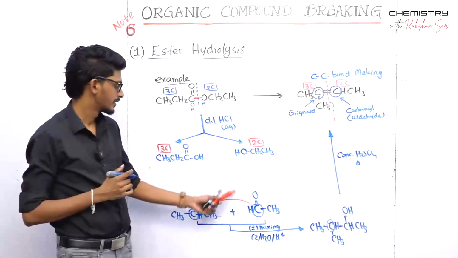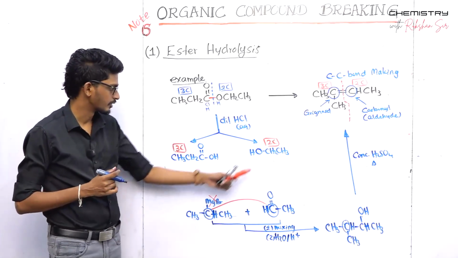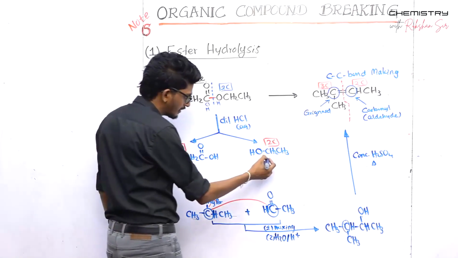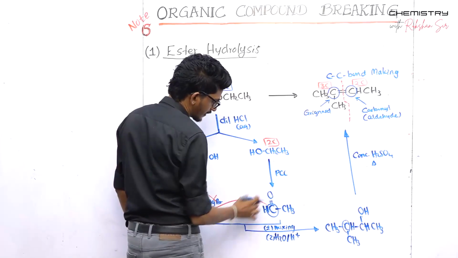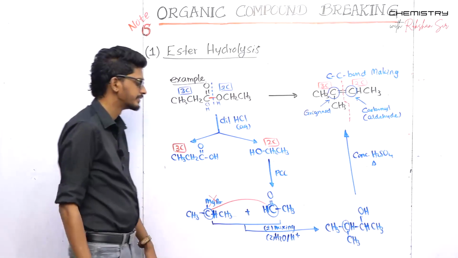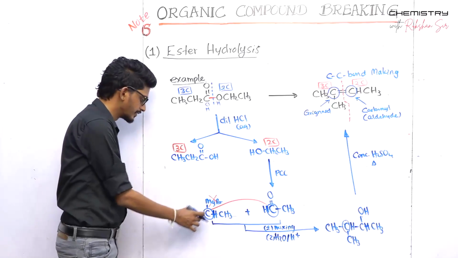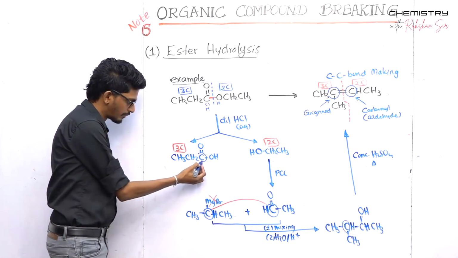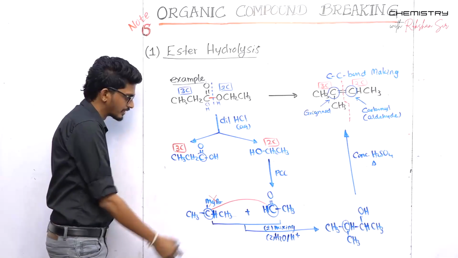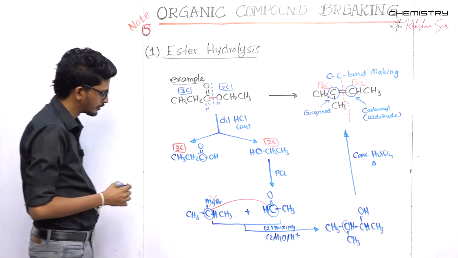So what about this? Connecting this one to here is very easy. Just adding PCC will convert the primary alcohol to the aldehyde, and connecting this to here. So at the start you are with the functionality at the corner carbon, but you need the functionality at the center. So first we have to bring the function to the center.